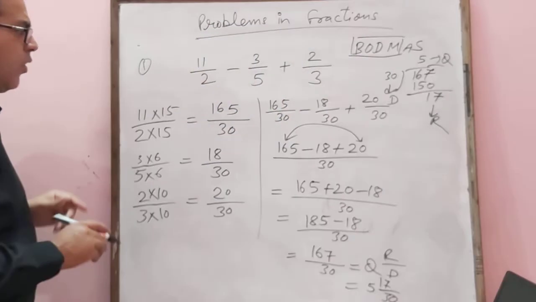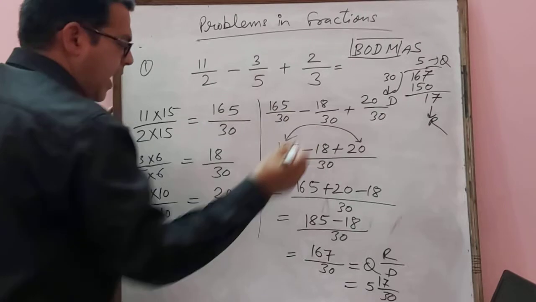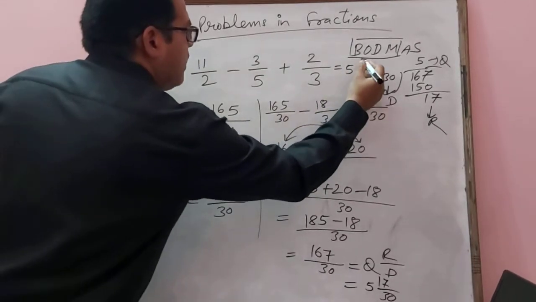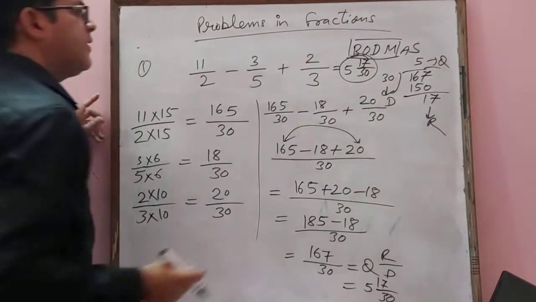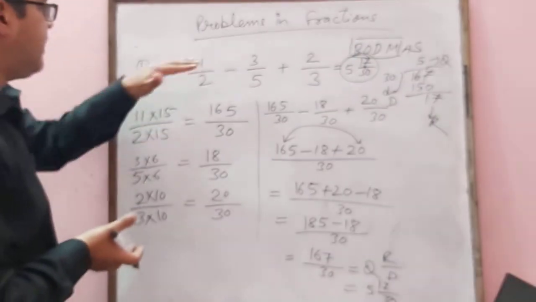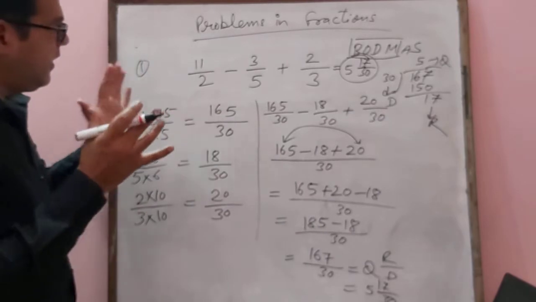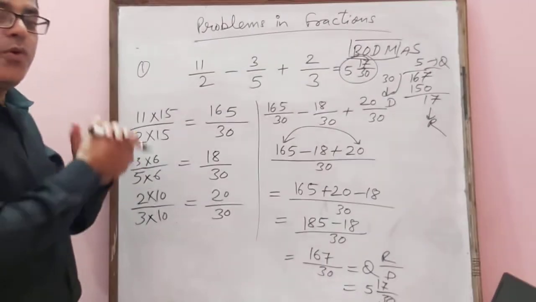So what we have here is 5 whole 17 by 30. This is the result after subtracting and adding 3 fractions together. Hope you understand, guys.